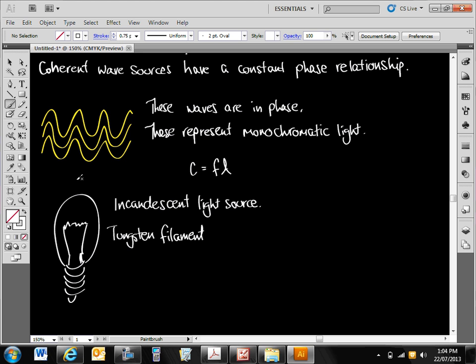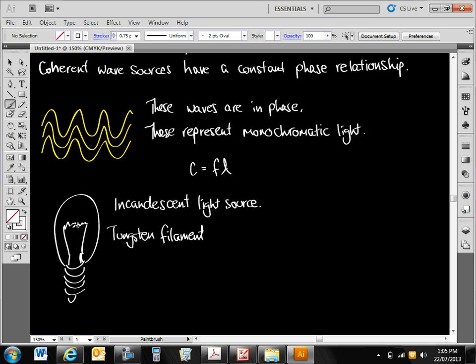If we pass a current through there at high enough rate and cause those atoms to vibrate fast enough, they will start to emit light in the visible region of the spectrum. First in the reds, the oranges, yellows, and then with enough current, they'll emit white light. What is white light made up of? Combination of all of the colors of the rainbow in the visible region of the spectrum anyway.